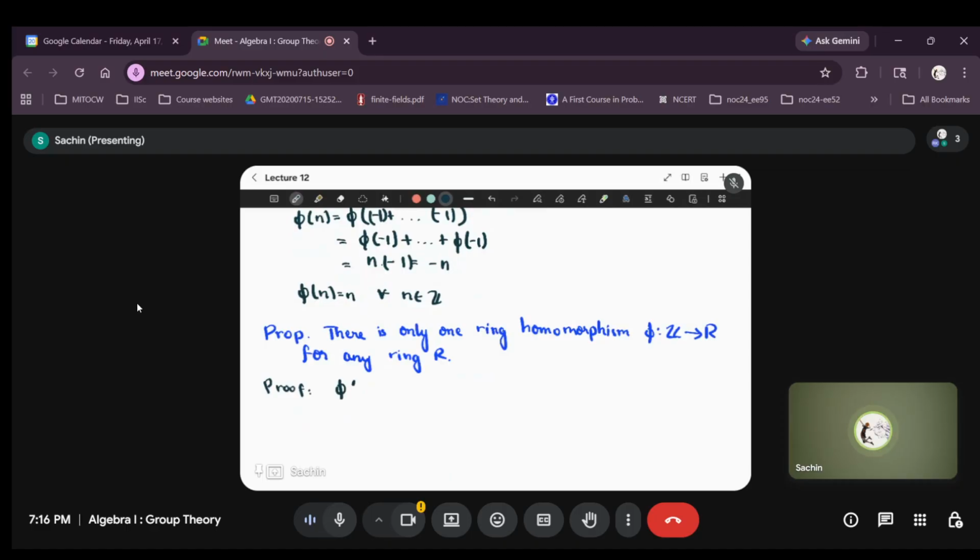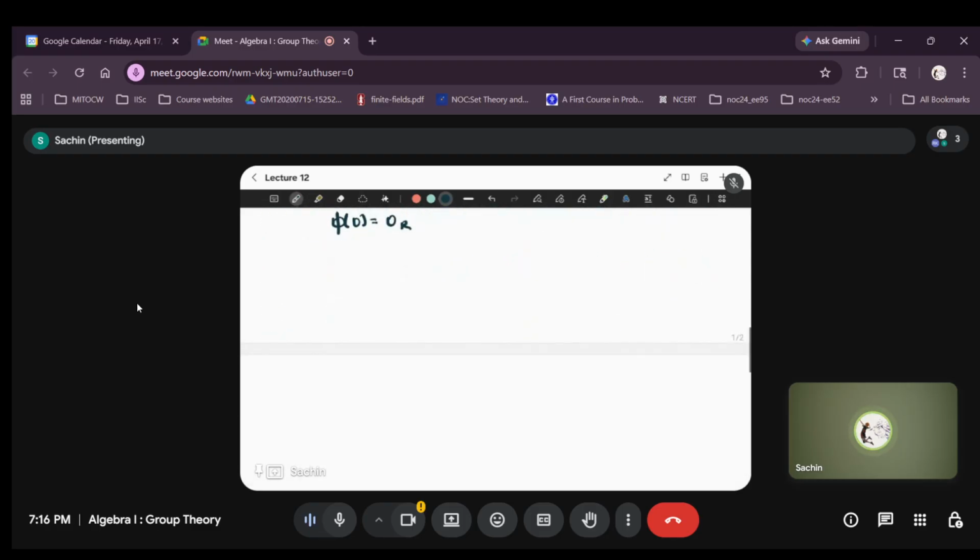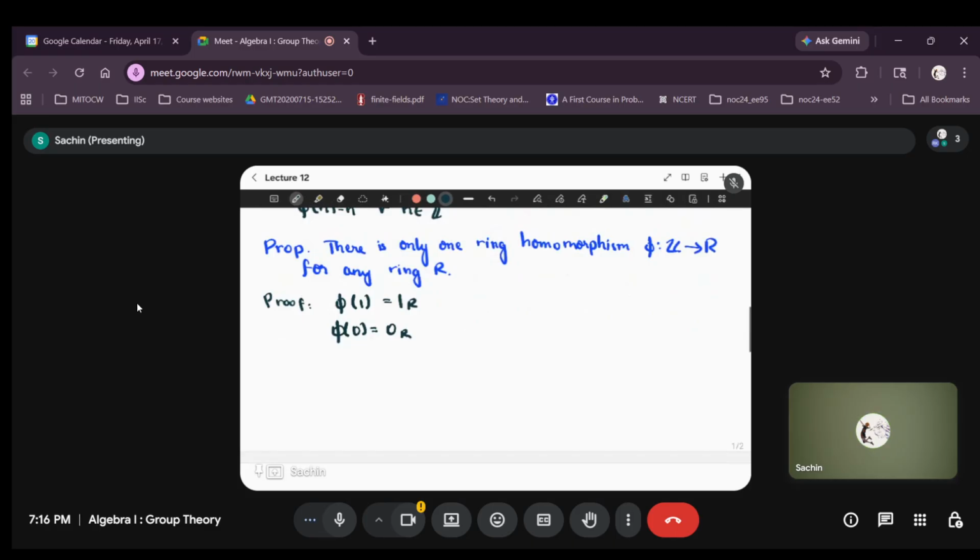We have phi of 1 must be equal to 1 R, and phi of 0 must be equal to 0 R. That comes from the first property, that comes from operation preservation under addition.